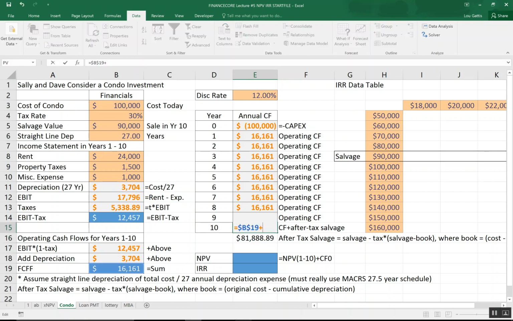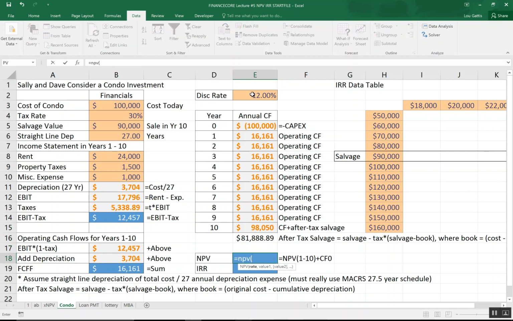I'm going to add that to my final free cash flow, and this is what the investment's going to look like. Spend $100,000 today, receive $16,161 after tax for 10 years, and then sell it for $90,000 and have my last cash flow. So I can calculate now an NPV of this investment.